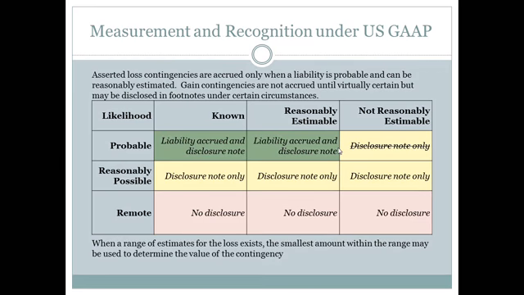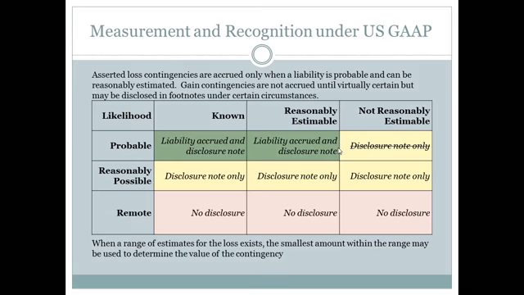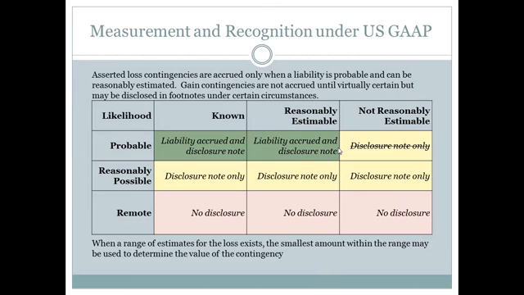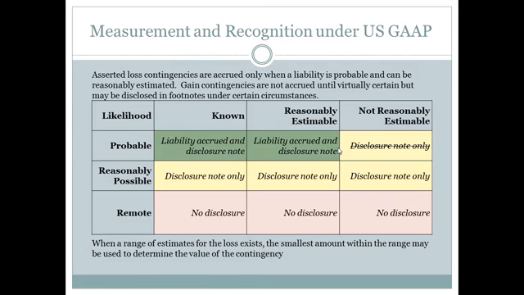Alright, so we've defined what loss contingencies are. Those involve existing uncertainties as to whether a loss actually exists, and that uncertainty will only be resolved when some future event occurs. Now, the initial recognition of a loss contingency, whether we have to recognize a loss or not, or the extent to which we need to disclose these circumstances to the shareholders, is a function of two things.